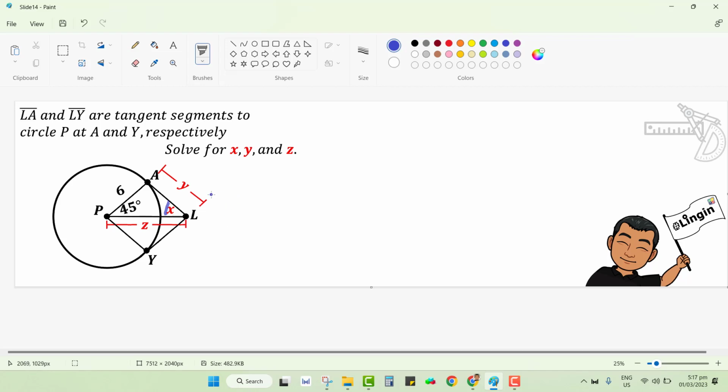Second, we need to solve the value of y, which is represented by the tangent segment LA or AL. And finally, z is the line segment drawn by connecting the center of circle P to the same exterior point where the two tangent segments are drawn, specifically termed as point L. So let's start with the measurement of angle x.